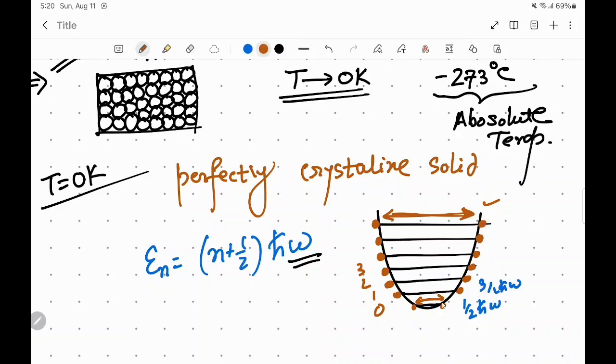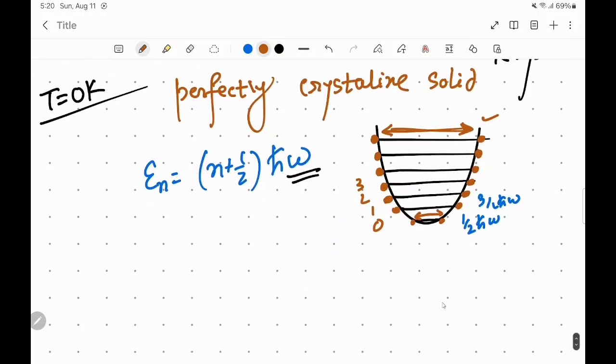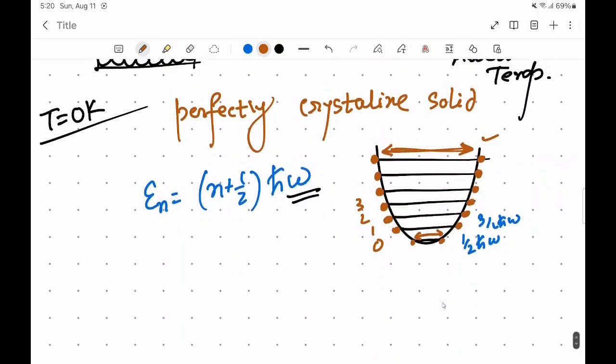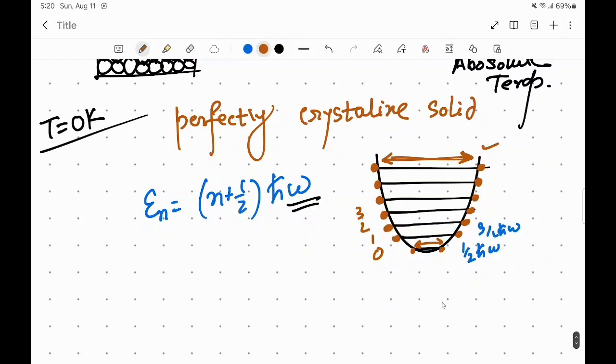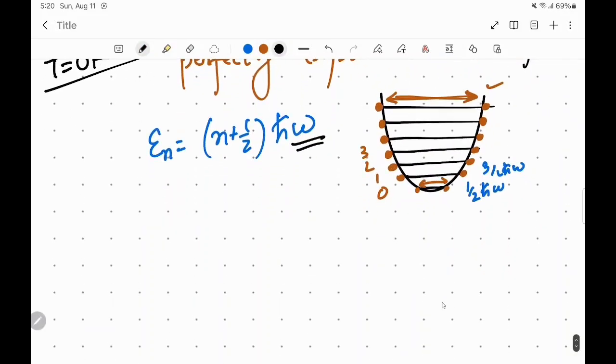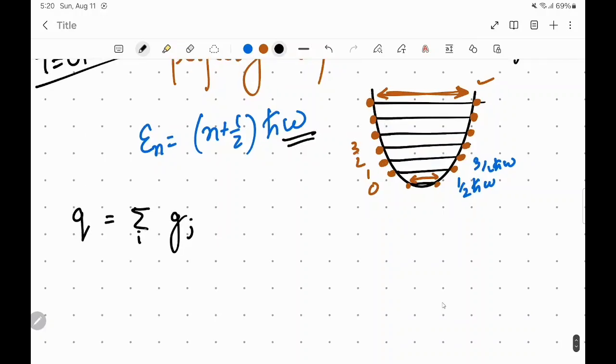But in case of T tends to zero, obviously only the zero point energy will be there. Every other energy level will be empty. So that's why you have to consider only the zero point energy level. When only the zero point energy level is considered, you know the partition function Q. You know the formula of Q: the sum over j of e to the power minus beta epsilon j.